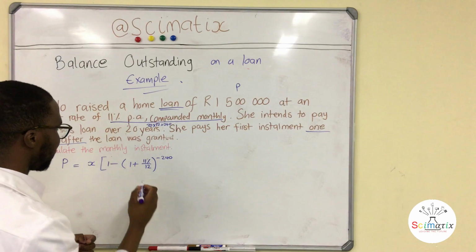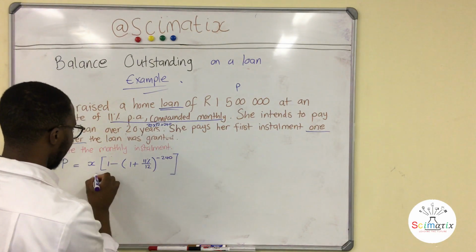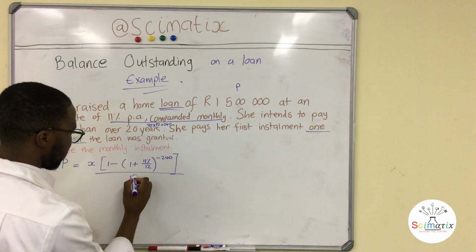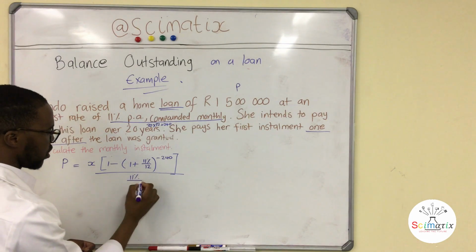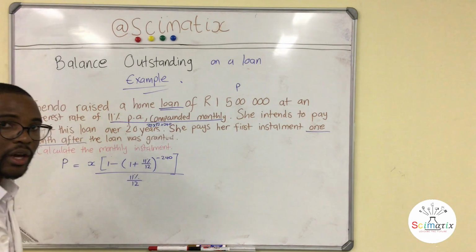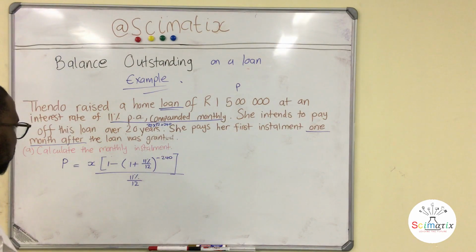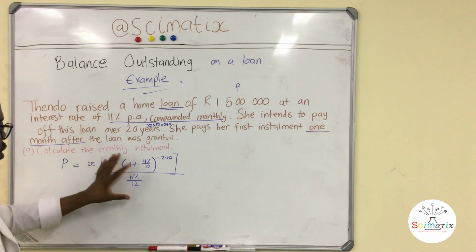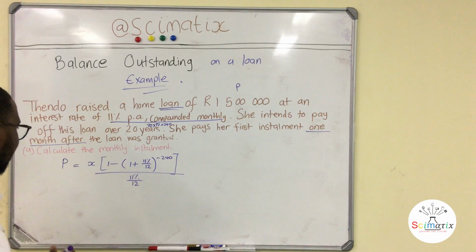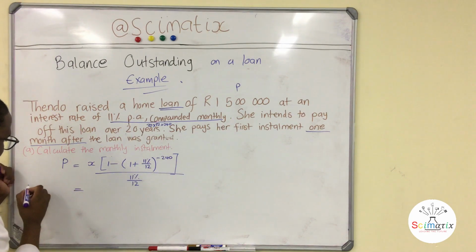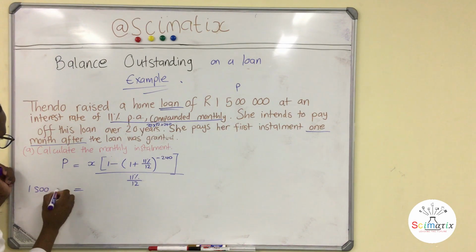Okay, important information. And then we close our bracket. Over here, we have the same interest rate that's up in there, which is divided by 12. Okay, so this is what we have. And then all we need to do is to plug this whole thing into the calculator, and our P in this case is 1,500,000.